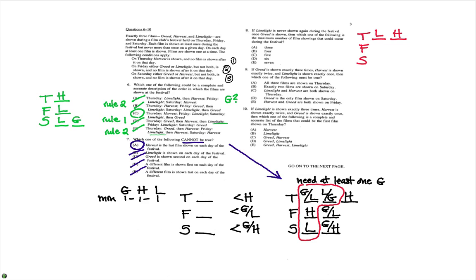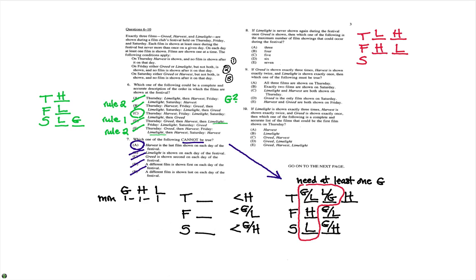Moving to Friday, now I know we're going to have one of greed or limelight, not both, and they must show up last. Maximum 2 on Friday, because one of greed or limelight is in, the other is out. Again, we don't want to use greed because it prevents us from using limelight after it. So we'll put limelight, having harvest be the first film shown on Friday.